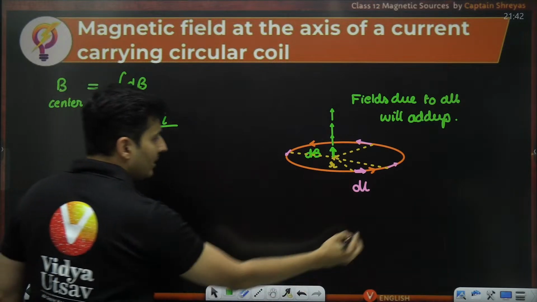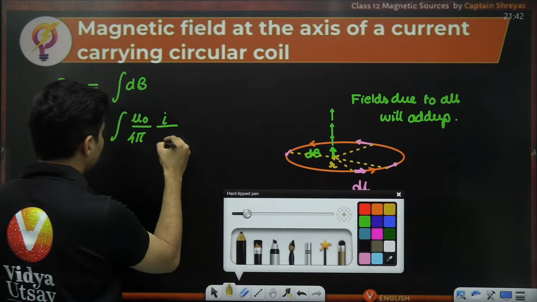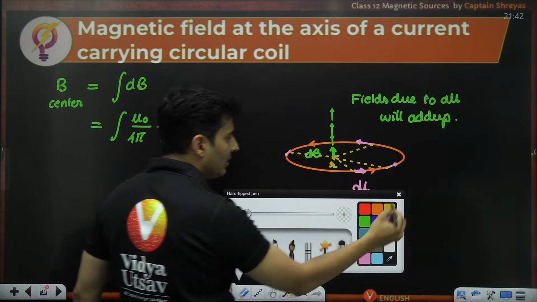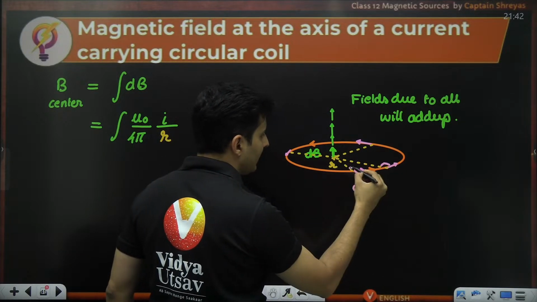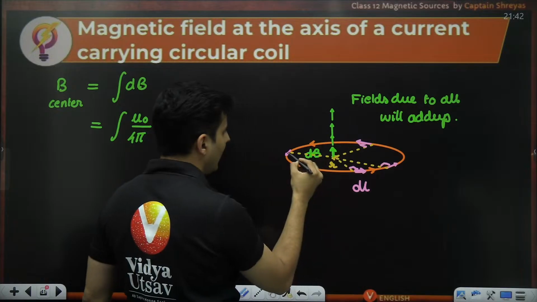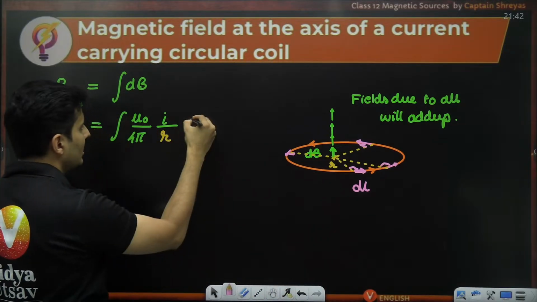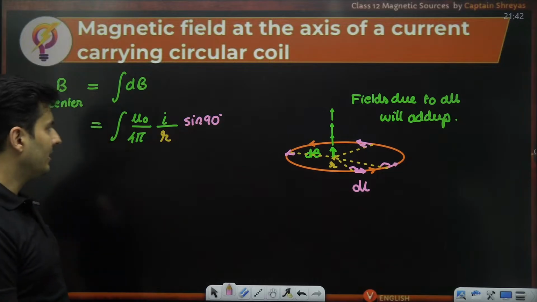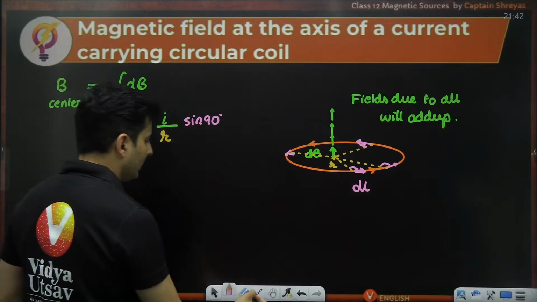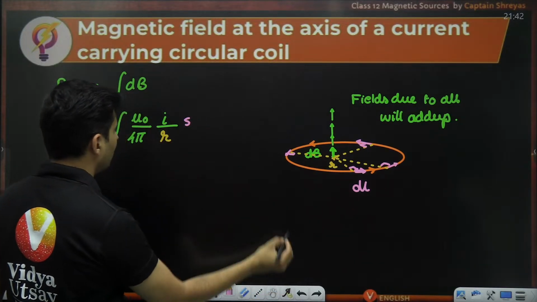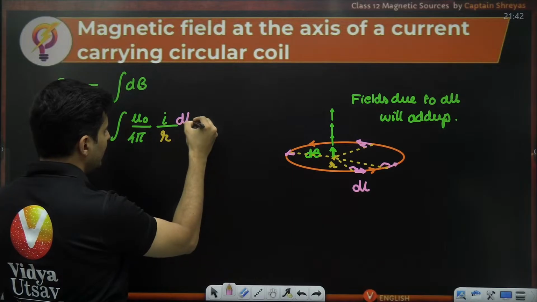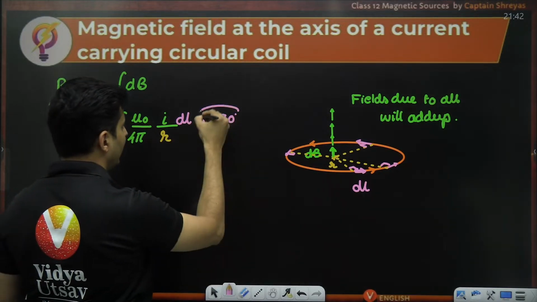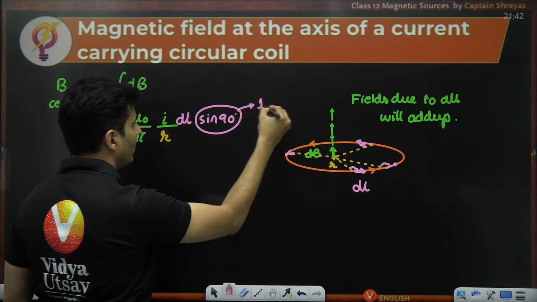Distance is the radius of the coil in this case. And every time, the angles are 90 degrees. Can you see that? The angles are 90 degrees, guys. So it will be sine 90, and of course dl is also there: I dl sine of 90 degrees.